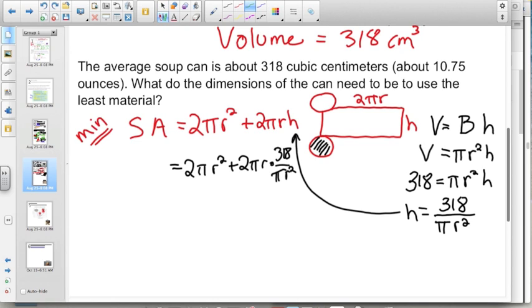Okay, so we got some canceling we can do, right? What cancels out over here? Yep, a pi and an r on the top and one of the r's on the bottom. So we are left with 318 times 2, I agree, 2 pi r squared plus 636 over r.